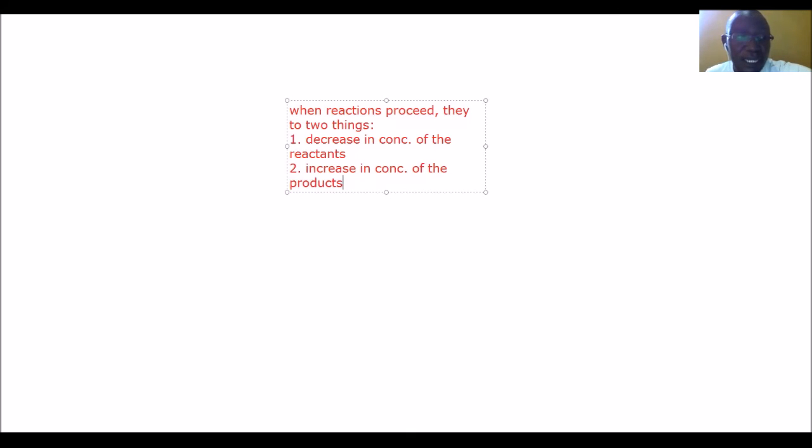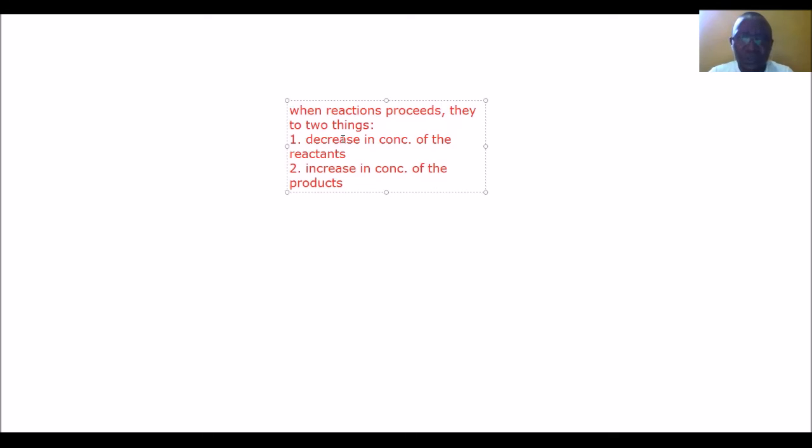And so that is why we are saying, as the reaction progresses or proceeds, the concentration of the reactants decreases, because the particles in the reactant side will be diminishing for the sake of creating particles on the other side of the product. And I think that one is very clear.